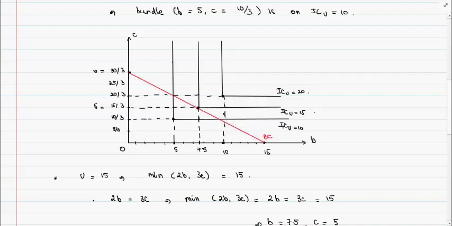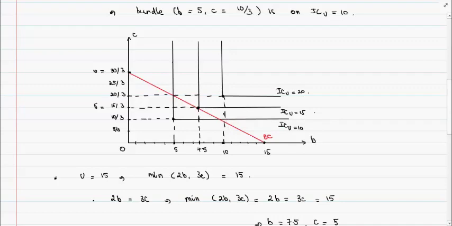Now, I want to find a point on this budget constraint that is lying on the highest indifferent curve, because I want to find the most preferred affordable bundle. So what bundle on this red line should we pick in order to be on the highest indifferent curve possible?